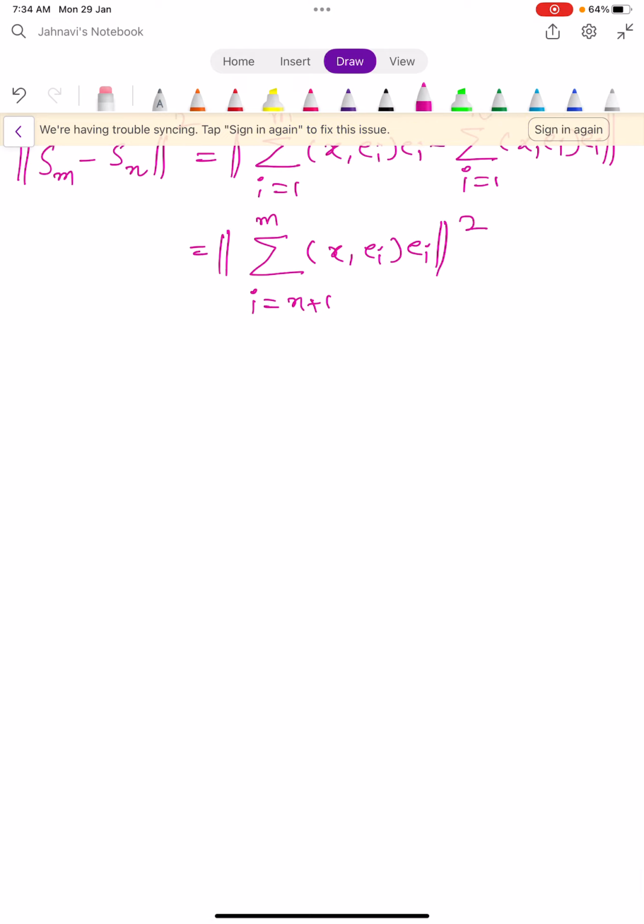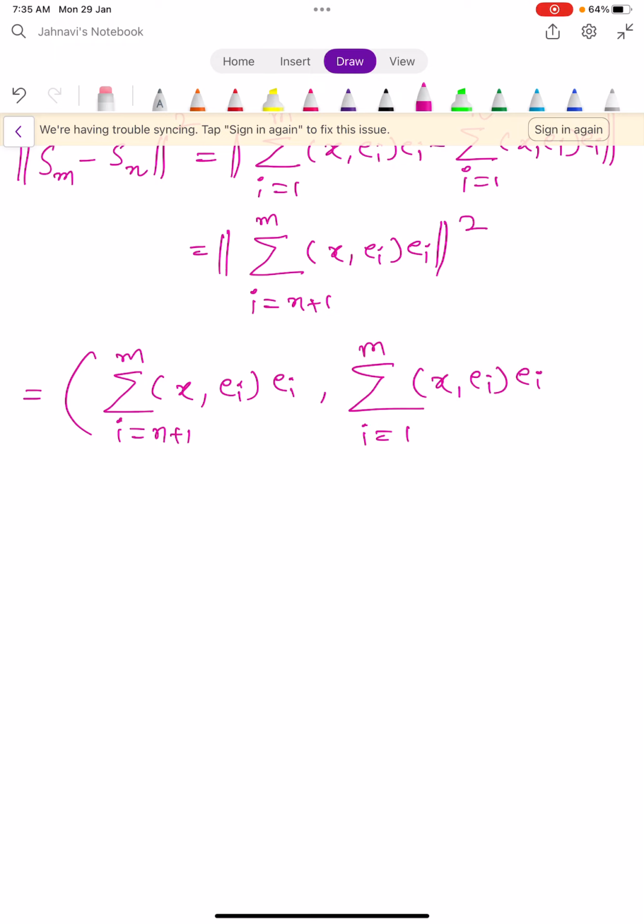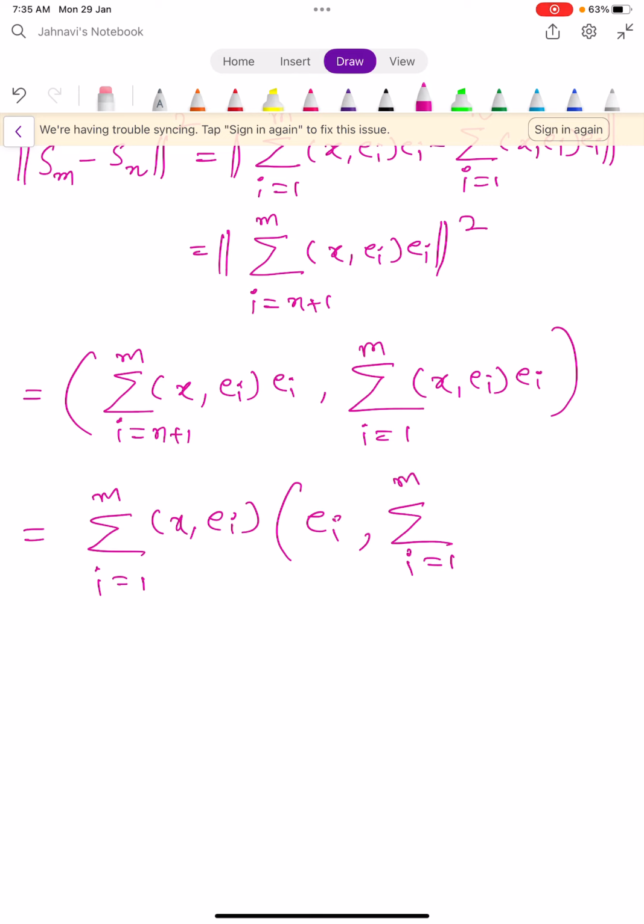So it can be written as inner product of summation over i equals n plus 1 to m inner product of x comma ei into ei, comma summation over i equals 1 to m inner product of x comma ei into ei. Again this can be written as summation over i equals 1 to m inner product of x comma ei into inner product of ei comma summation over i equals 1 to m inner product of x comma ei into ei.